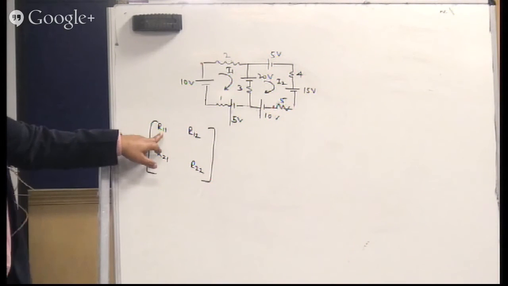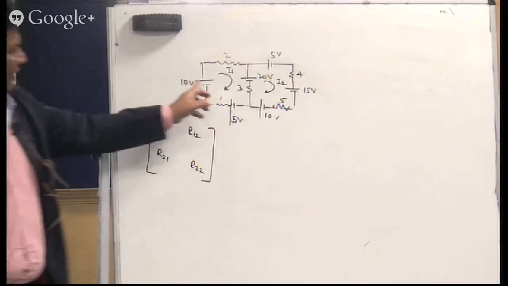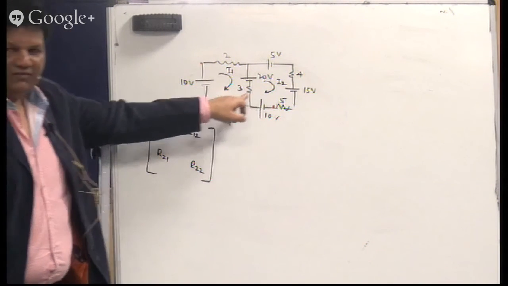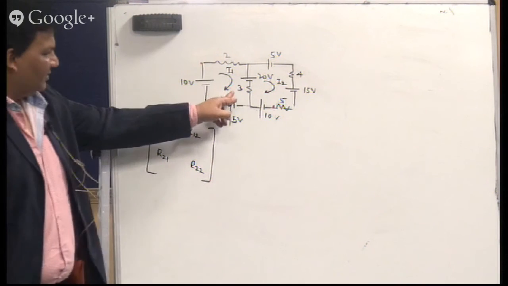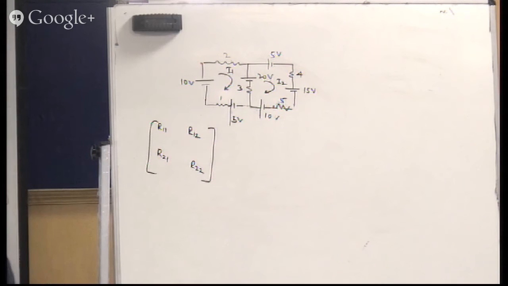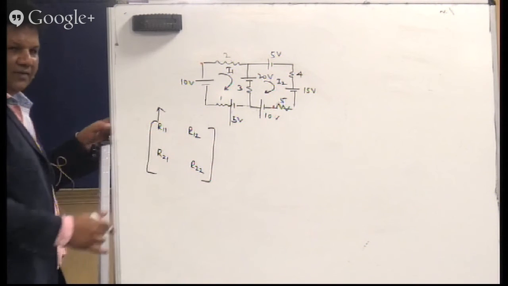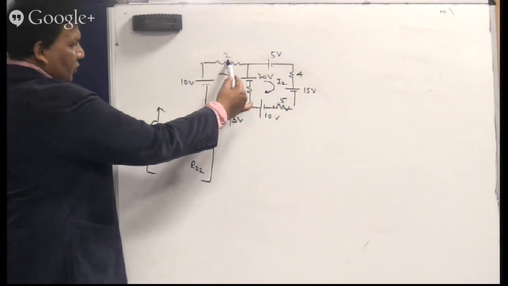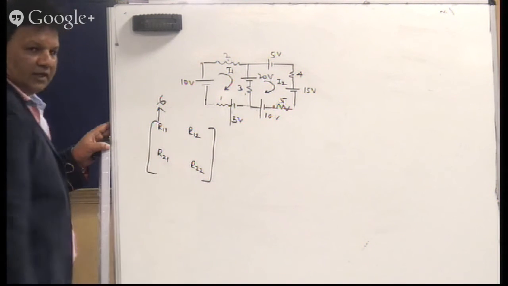It means R11 would mean all the resistances of the first loop. R12 would mean resistance common between 1 and 2. Okay? R21 and R12 will be same, the common resistance between these two will remain same. And what is R22? The side of 2. Wow. Let's play. R11 how much? 2 plus how much? Write it down.